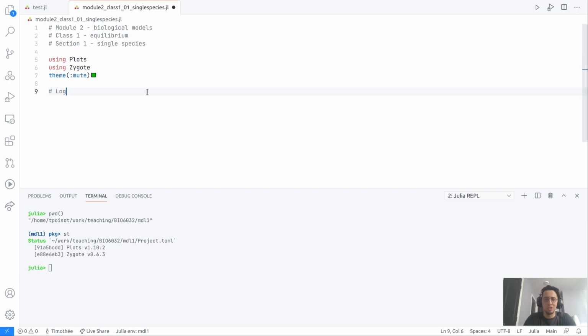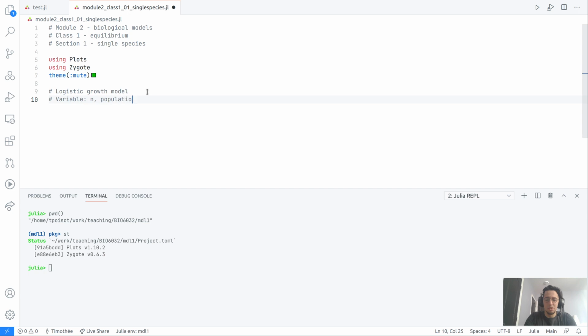Before we do that, let's start with a simple, very concrete example. We are going to write a logistic growth model because it's all we need to do. We can teach an entire graduate class on modeling based on this model alone. So the logistic growth model takes a variable n, which is a population size.